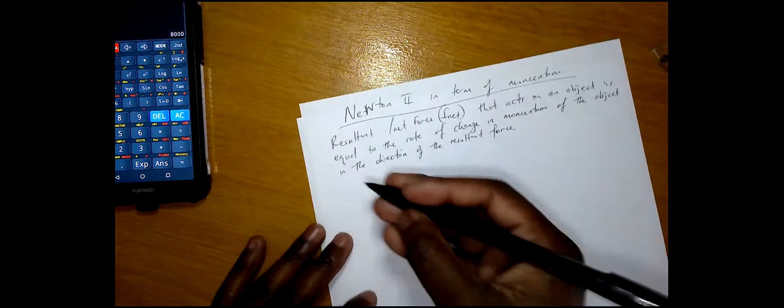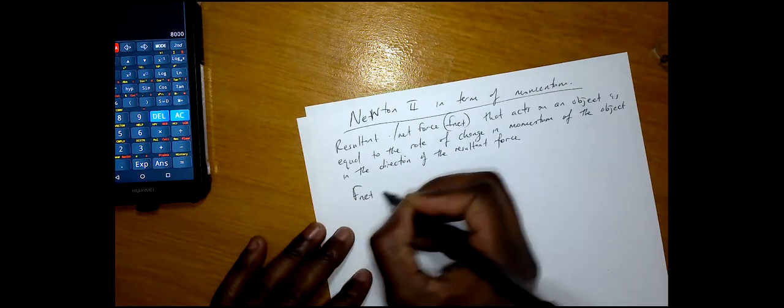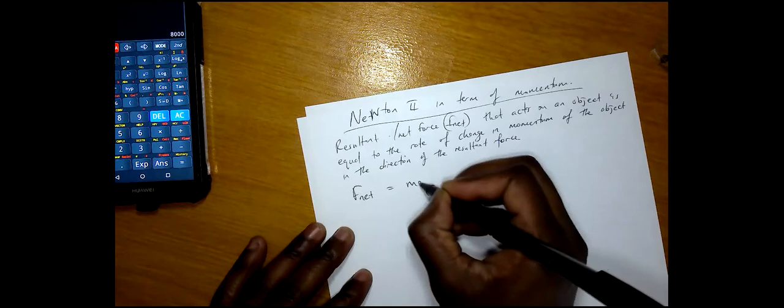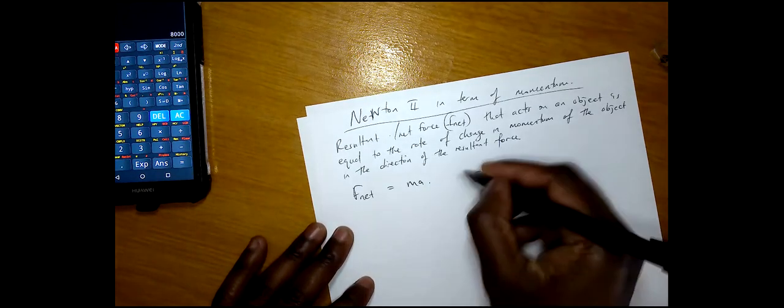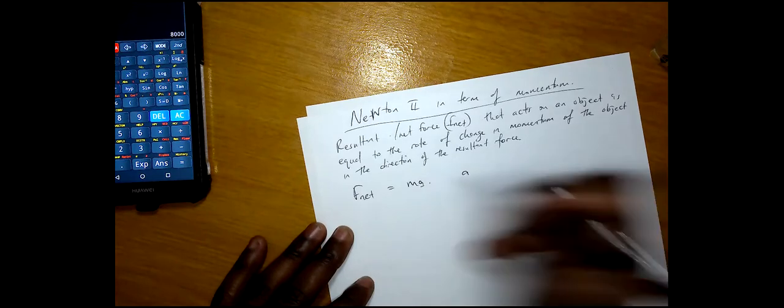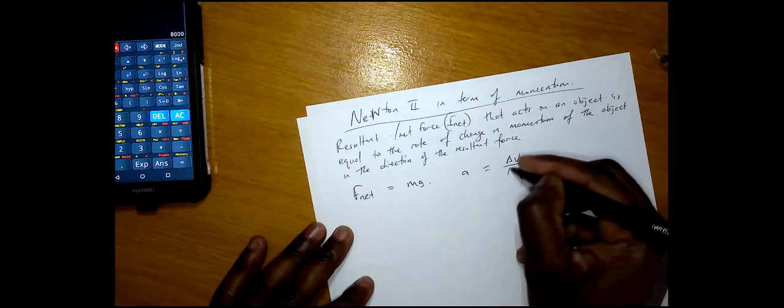We know previously that F net is equal to ma. F net is equal to ma, okay? And your a, which is acceleration, is equal to change in velocity over change in time.